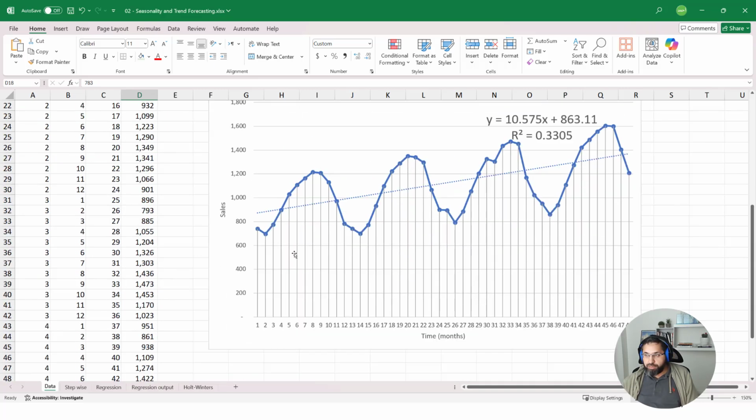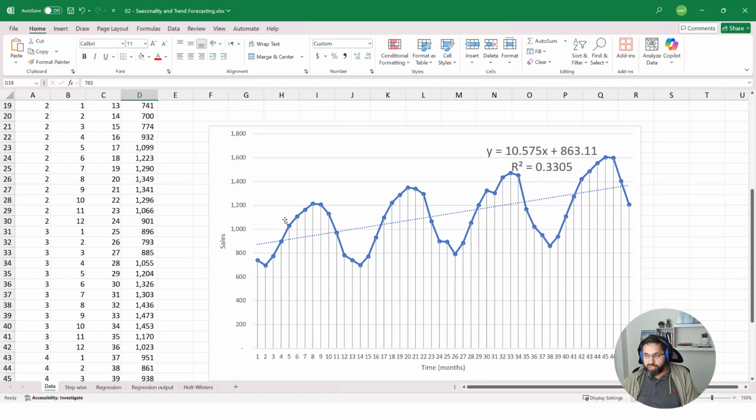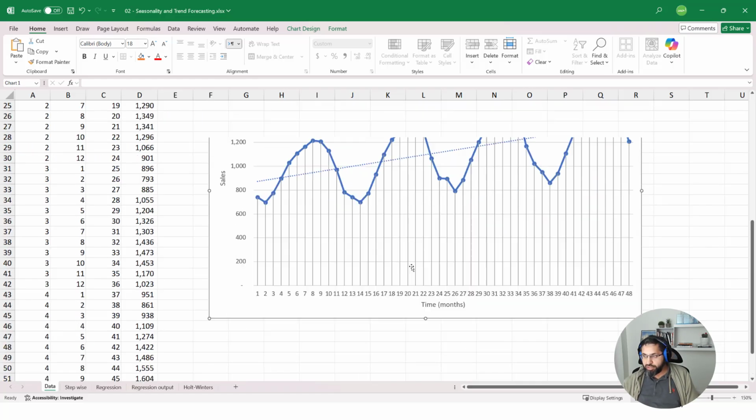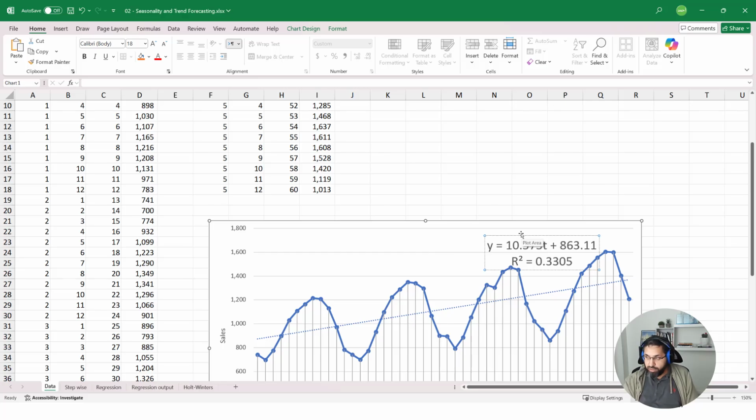Okay. This is the plot of this data. So shampoo sales, you can see the seasonality. They peak about the same time each year. And you can see that if you do just a trend model, this regression equation is B0 plus B1 times T, where T here is called X. That's just the name of the variable it gave when I plotted the data, but this is actually T. So B0 plus B1 times T is the model with just trend and no seasonality.